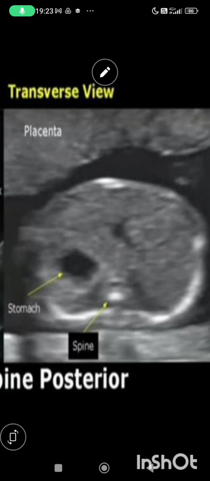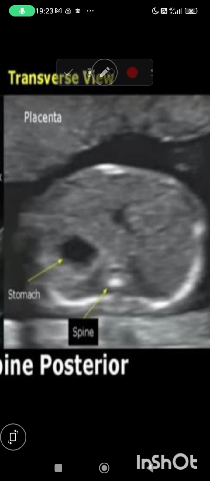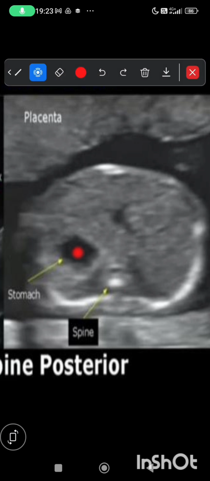During scanning, you first determine presentation and lie. You already know this is a cephalic fetus, then you get the transverse section of the fetal abdomen, and you see that spine and stomach match clockwise, which was the expected relationship. Then you know, okay, it's normal.